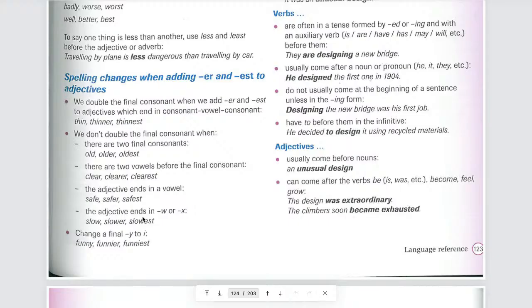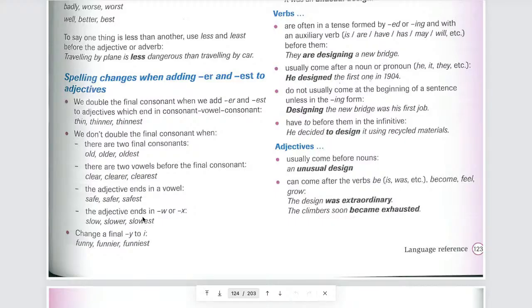Actually, it's very easy to recognize. You see slow, right? Have you ever seen something like this? No, right? If we double W here, have you ever seen something like this? No. So actually, these are very common words when we use them quite daily.